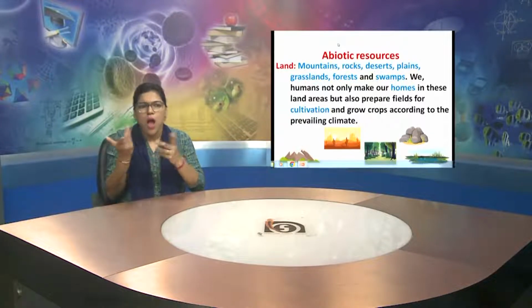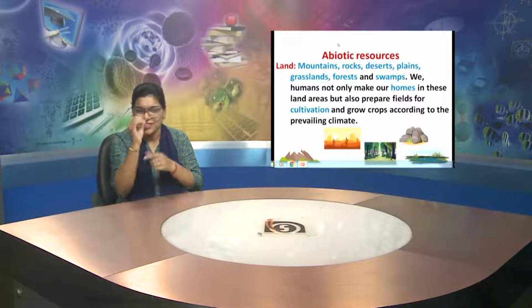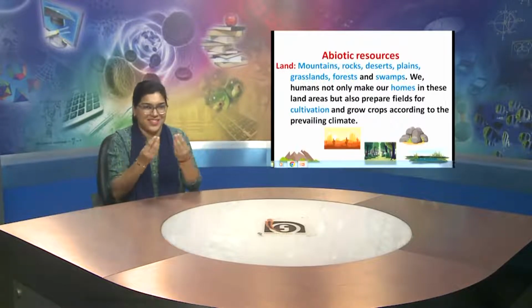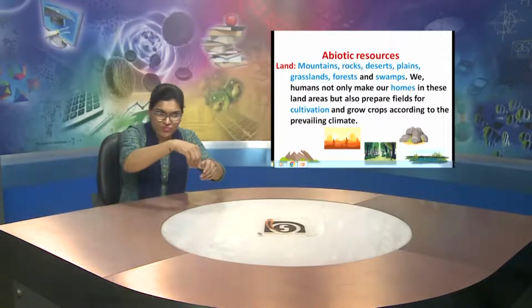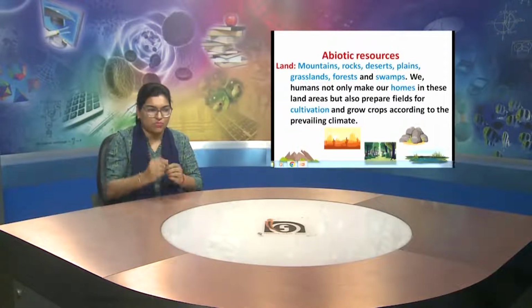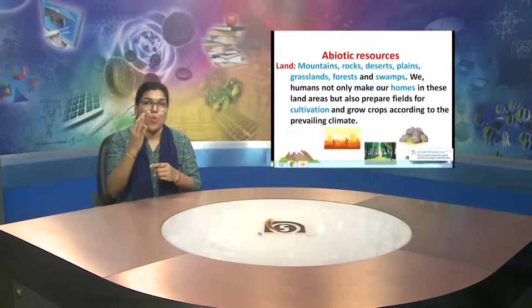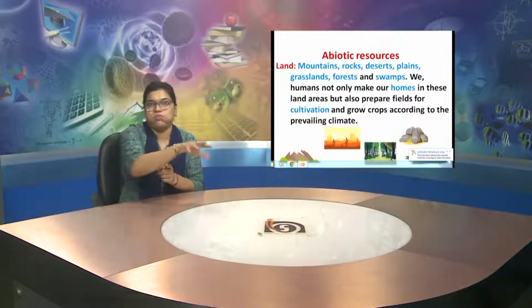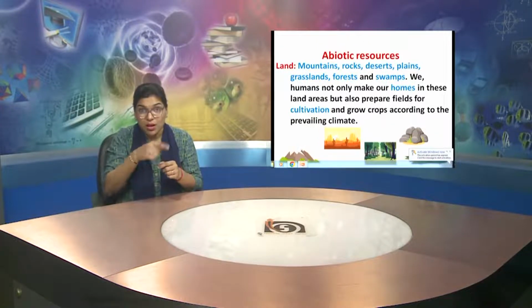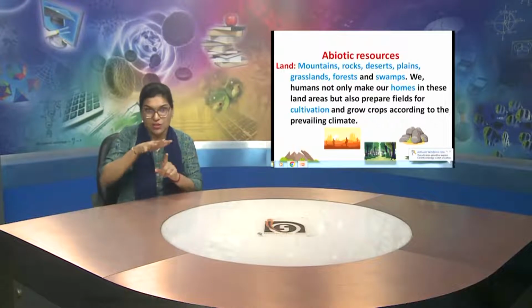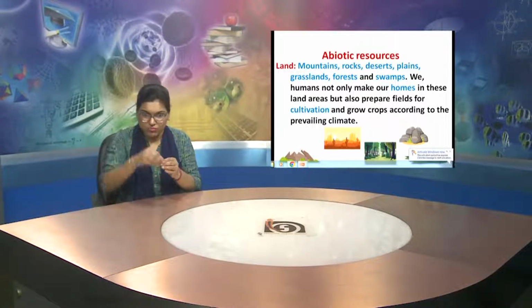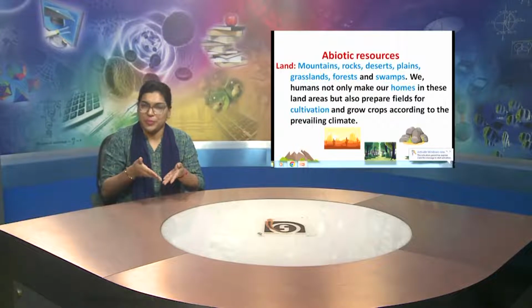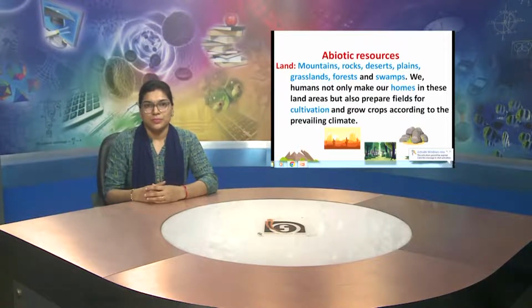So land is an abiotic resource which we use for different purposes. We grow plants, we cultivate crops. So land is a powerful abiotic resource. And we make whatever modifications in our prevailing climates.